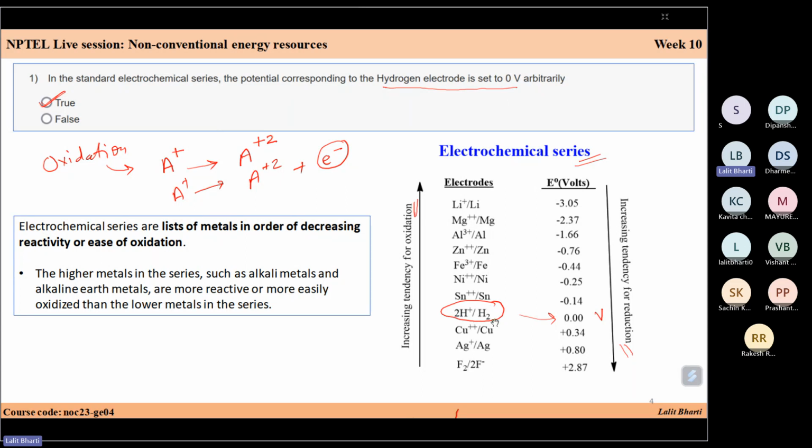Because we always take this H+/H2 as our reference, or we take this as zero, because we need a reference, and the standard hydrogen electrode is taken as reference for all of the possible electrodes made up of any metal or any composite. So if you're taking lithium as your targeted electrode, if you're talking about Li+, your voltage will be minus 3.05 with reference to hydrogen.